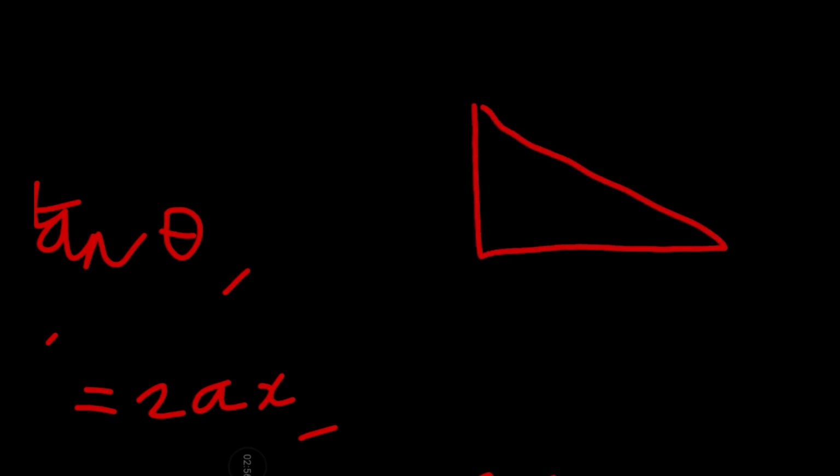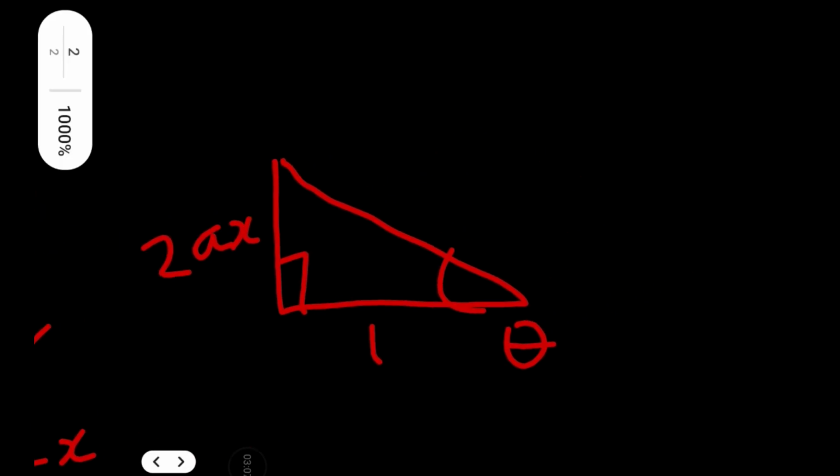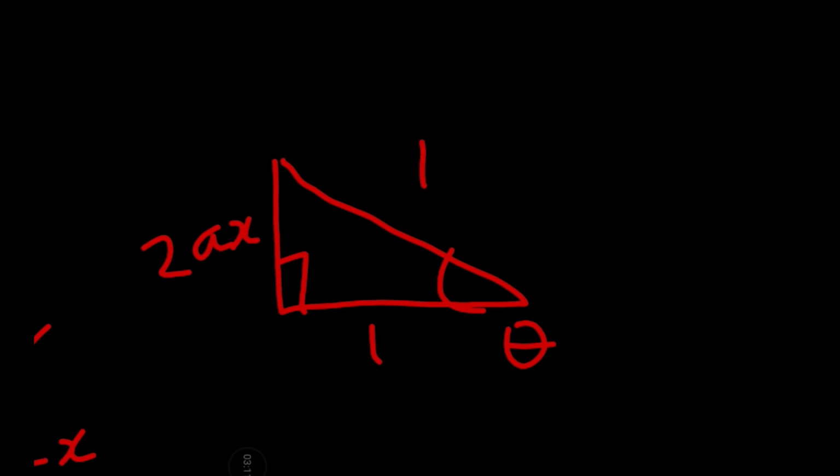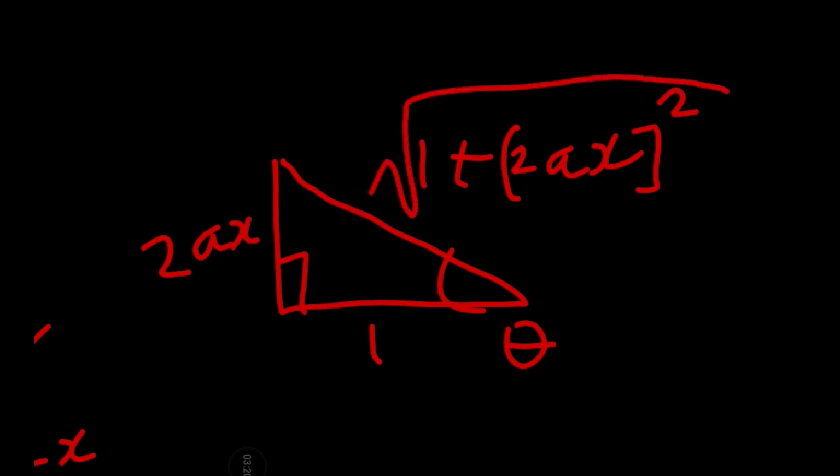Right, let's draw it like this. Theta, the right angle, and you're going to have 2ax for this side and 1, as it's the opposite over adjacent, 2ax over 1. And from the Pythagorean theorem, we can quickly find that this hypotenuse side is going to be the square root of 1 squared, which is 1, add 2ax squared. So we have that now.